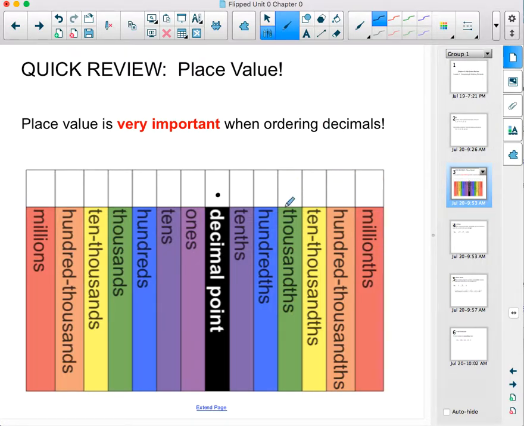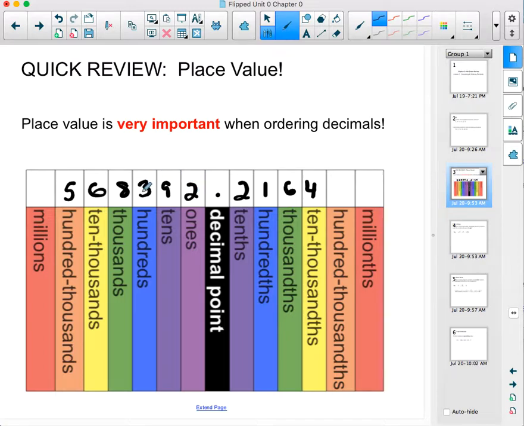So let's look at a practice number, and we're going to make it pretty challenging. Let's go with 568,392.2164. Okay, so the first thing that I like to do is I go over here to my whole number side and I put in my commas.